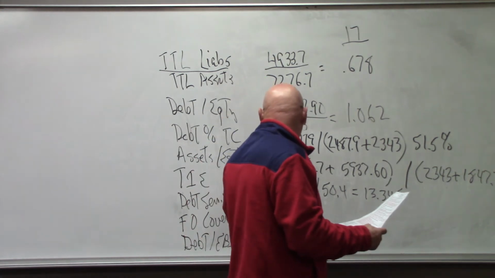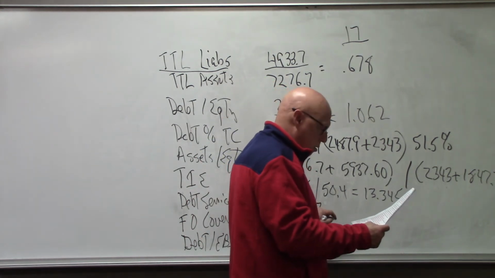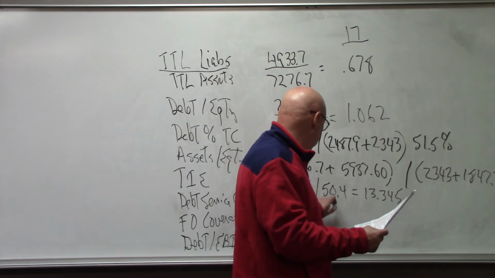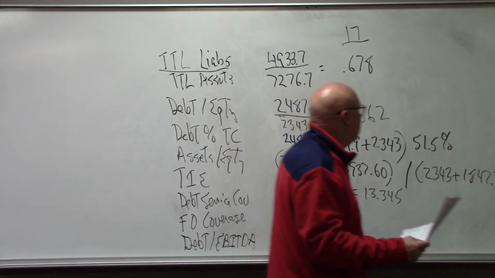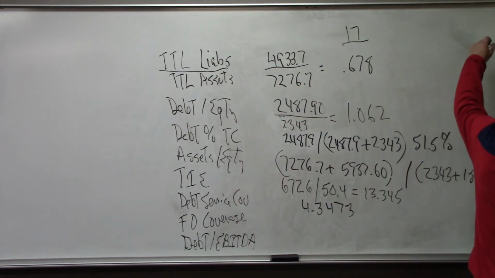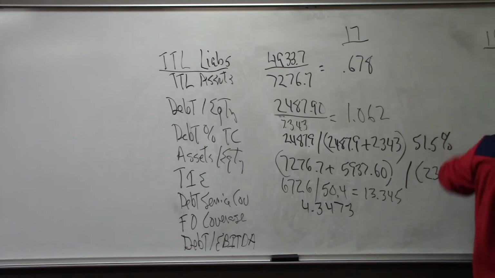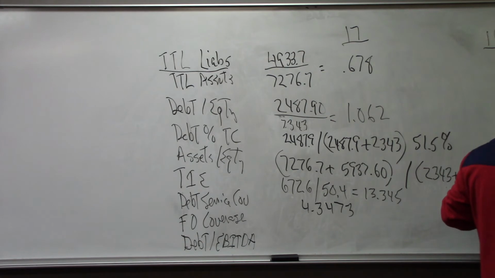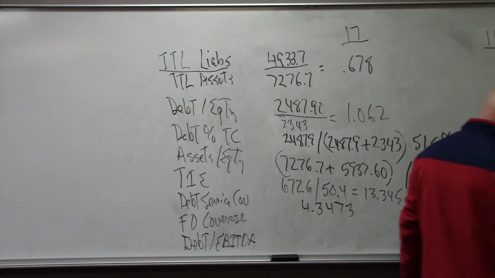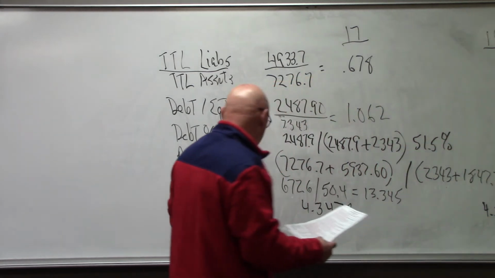So, it's 4.3473 in 2017, and in 2016, I'm sorry, that number is 4.371. Same thing with fixed obligation coverage.